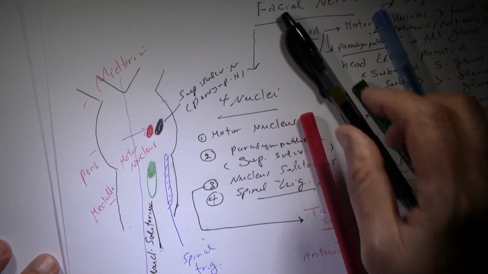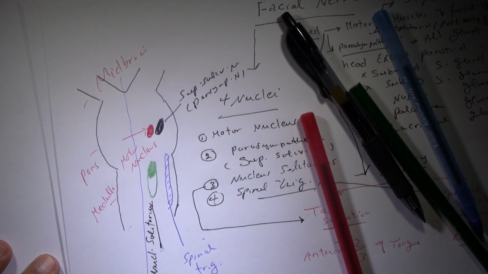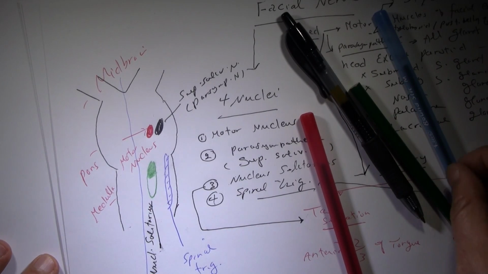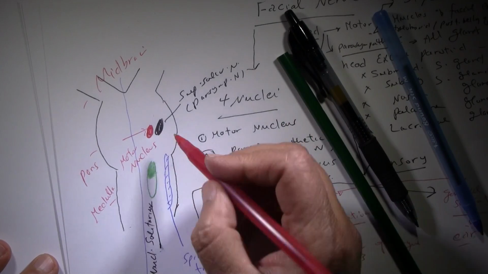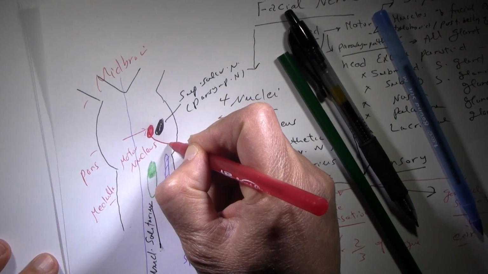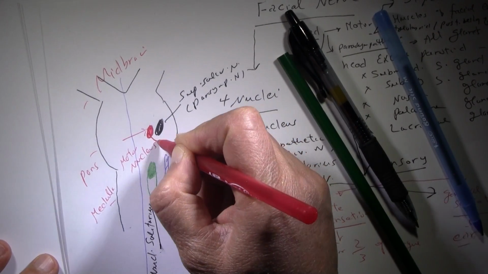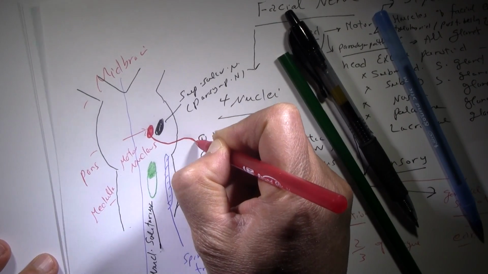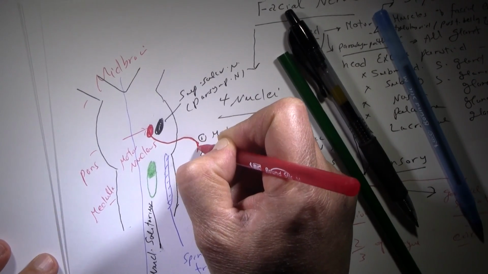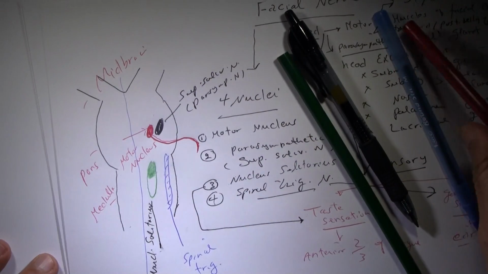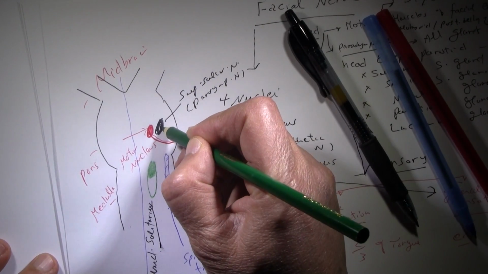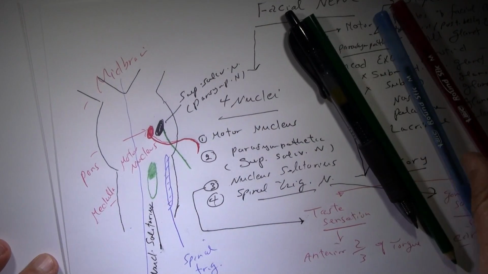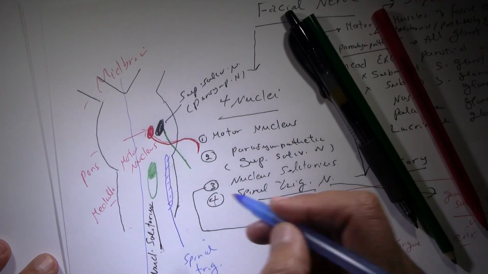What I would like to emphasize here is that the motor fibers come by themselves. However, the sensory and parasympathetic fibers join each other and form another root for the nerve.